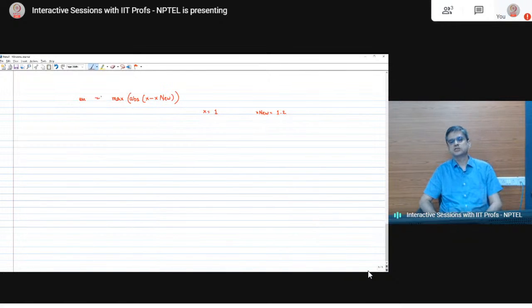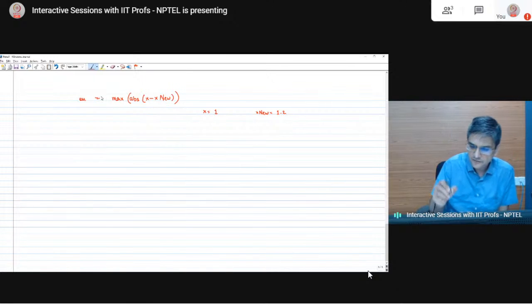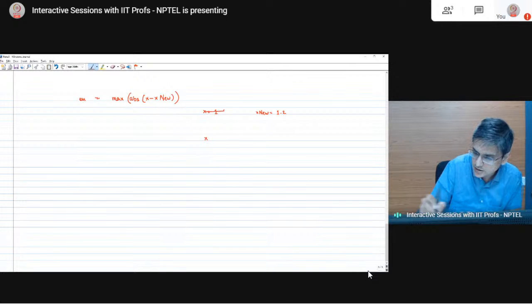The error is nothing but 0.2. No problem, you don't need a max, just ABS would be okay as well. Max was used in the linear algebra part where our X was not this, but let's say X was 1 2 3.